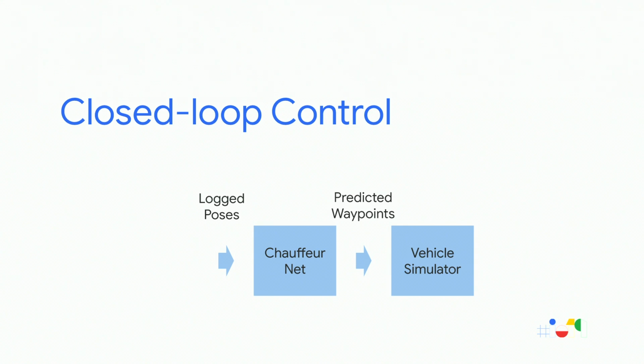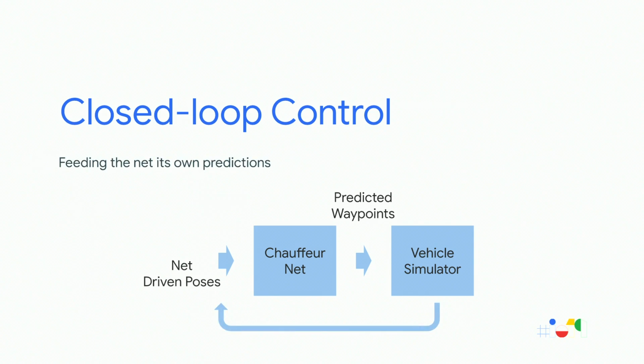So in this case, once you have the predicted waypoints, you actually feed them to a vehicle simulator. Think of it as a simulation of the vehicle dynamics. In practice, in reality, this will be the actual vehicle taking in those waypoints. Now for evaluating in simulation, we'll use the vehicle simulator, which will use these waypoints to drive the car forward.